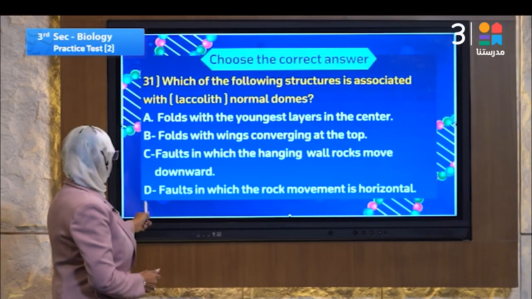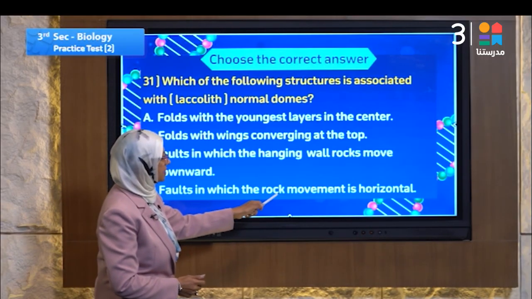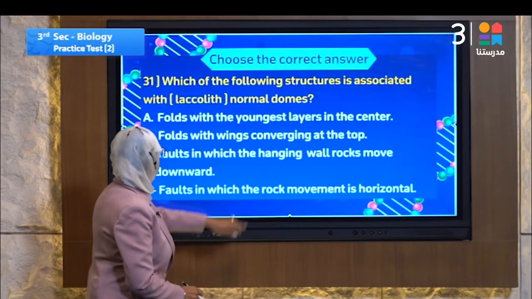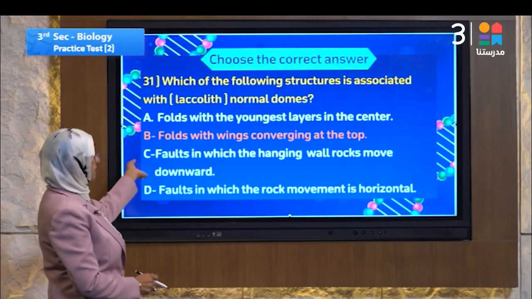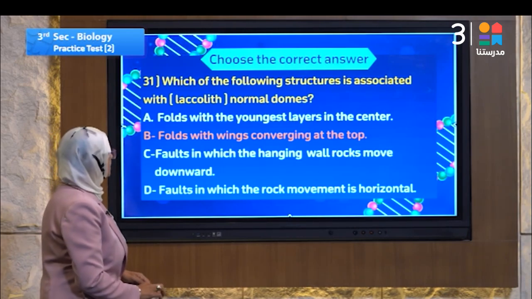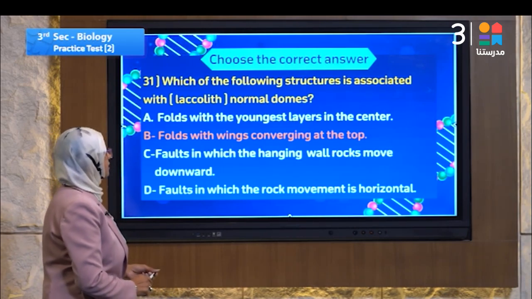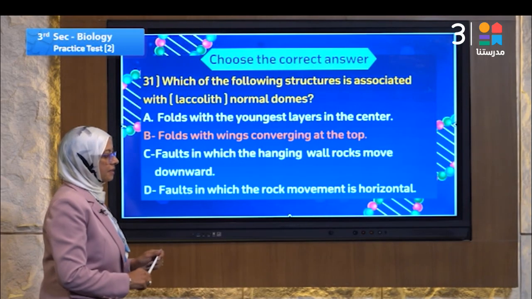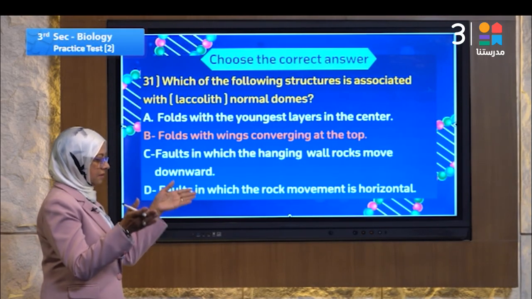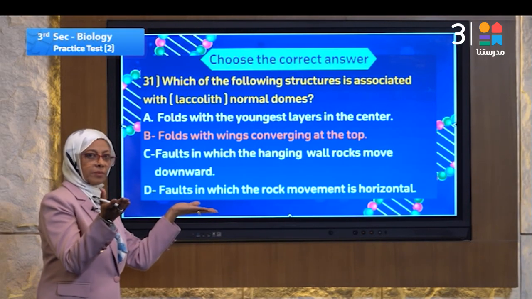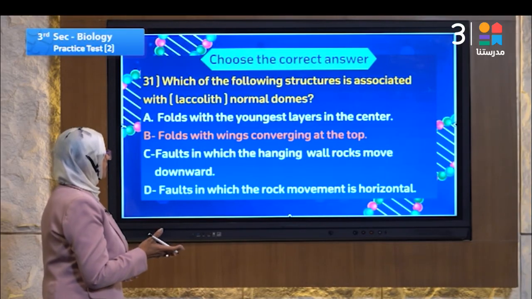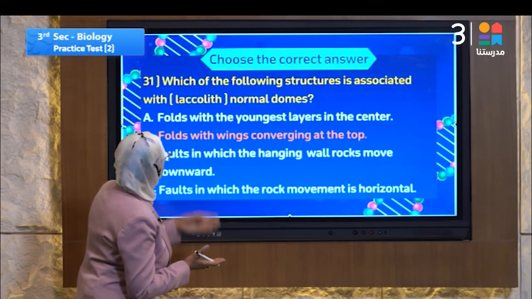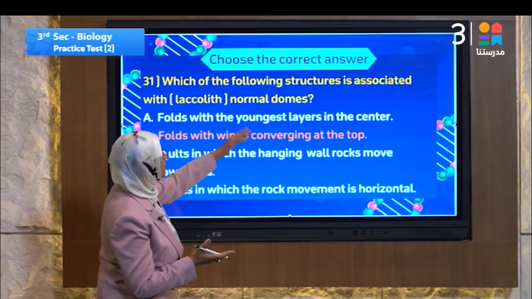No. D, fold in which the rock movement is horizontal. So the answer will be B, folds with the wings converging at the top. That means the two wings are up, converging at the top. Yes, the leucolized normal dumps.